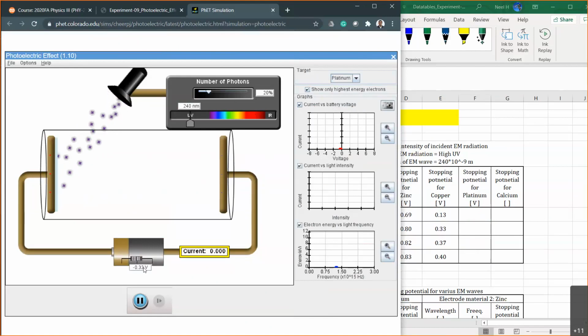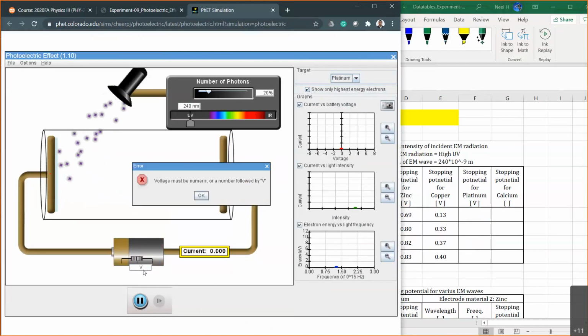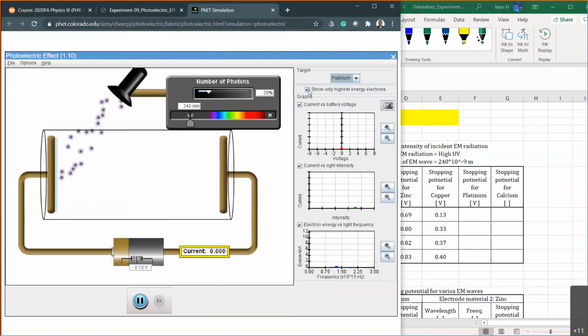Okay. 0 reverse voltage. Try negative 0.1. For platinum, actually, you can see there's no current emitting at all at this wavelength.